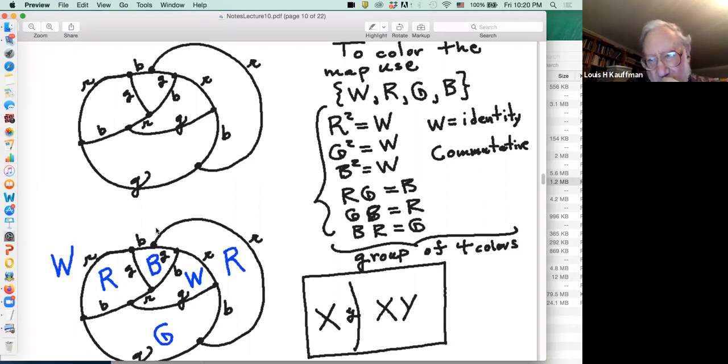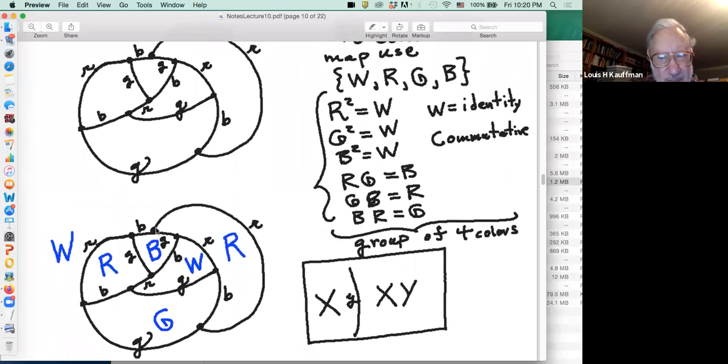The square of each color element is the identity element, and the product of any two colors is equal to the third color. The three colors correspond to the edge colorings of the graph, but we use the fourth color for regions, and the relationship between them is illustrated here.